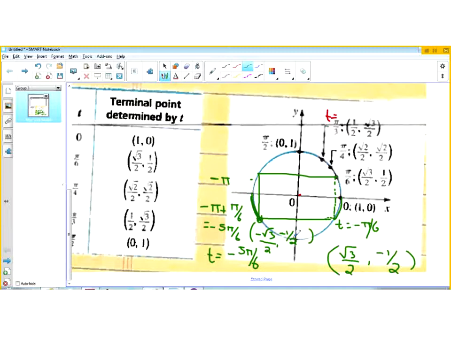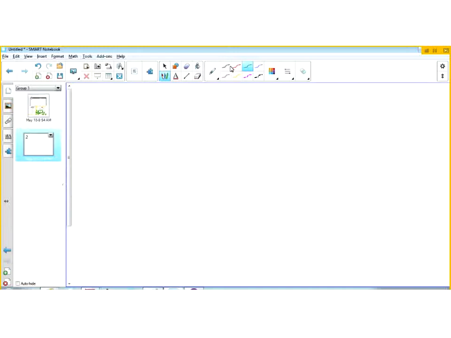Now, special kinds of terminal numbers. Now t is a terminal number, and with the terminal number, we calculate the coordinates of the terminal point. Okay, so next slide. There's another special number, and we call it t bar.